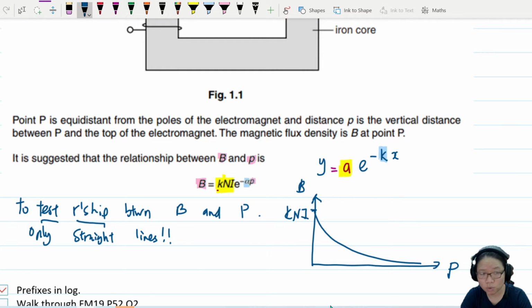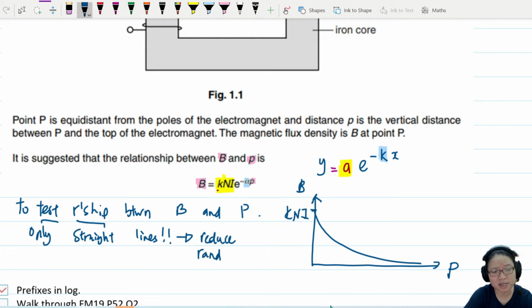And the reason why we want straight lines, if you're asking another why, is to reduce errors and uncertainty, specifically random errors, because you will have a random distribution of points, but you can still draw your best fit line.